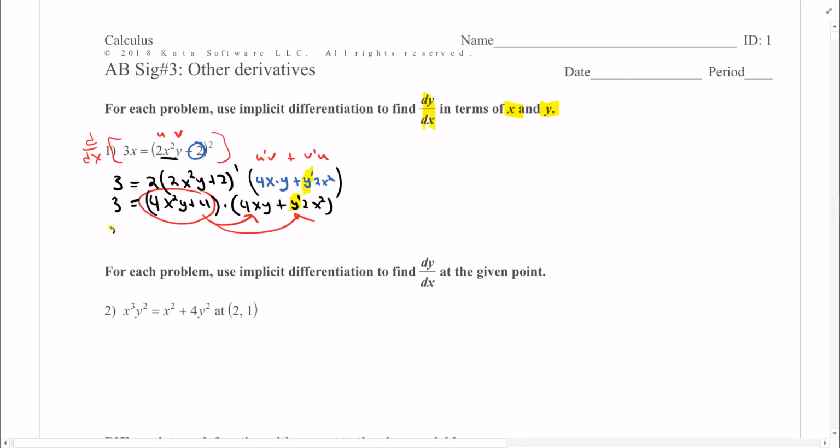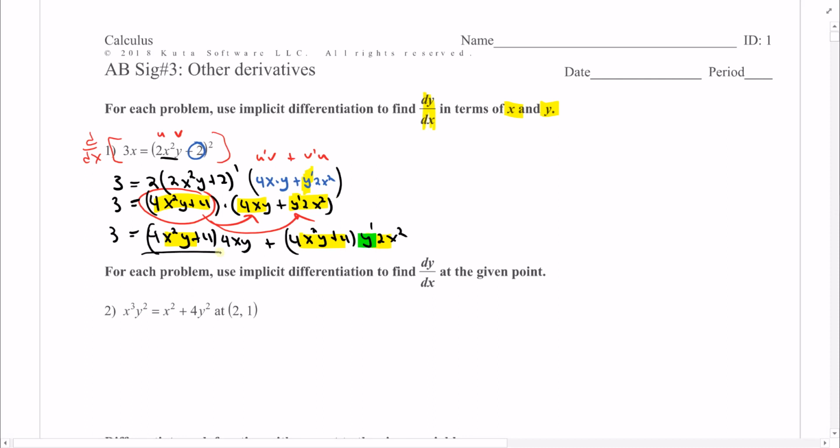And so what we get is, you can see it's just this guy times this, and then the same guy times that second term. And still our goal is to get this piece by itself.